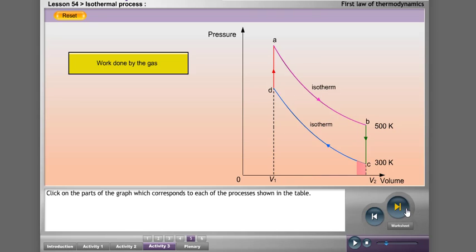Click on the part of the graph which corresponds to each of the processes shown in the table.